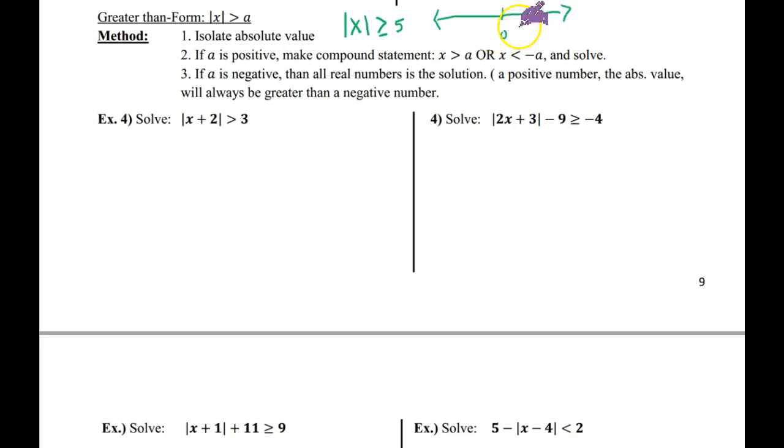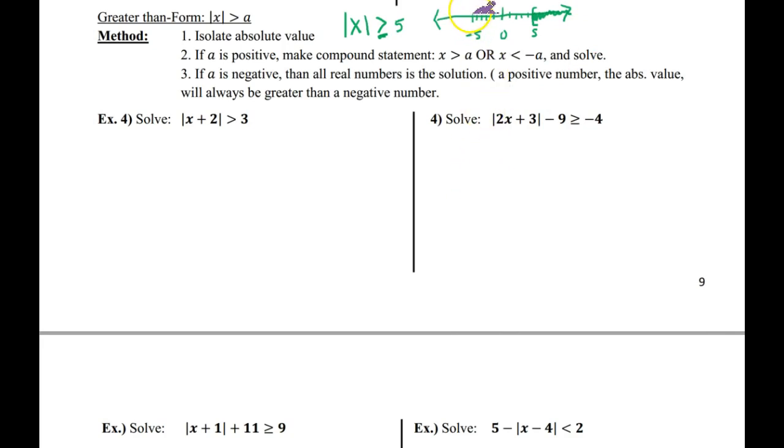So if I put 0 here, 1, 2, 3, 4, 5, and 1, 2, 3, 4, 5 in the negative direction. If I want a distance greater than or equal to 5 units away, that starts at 5, including 5, and then everything going further away from 0. All of these distances are greater than 5 units away.